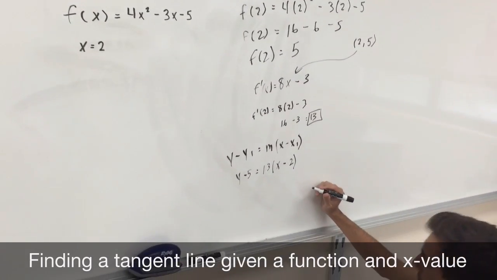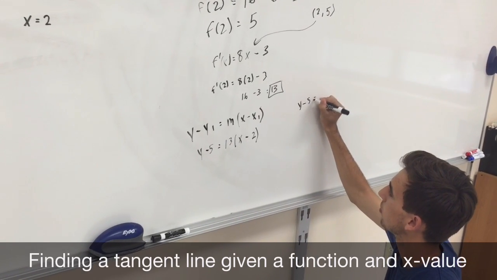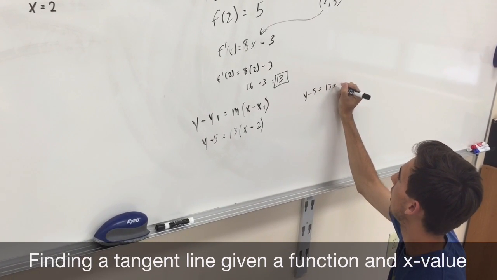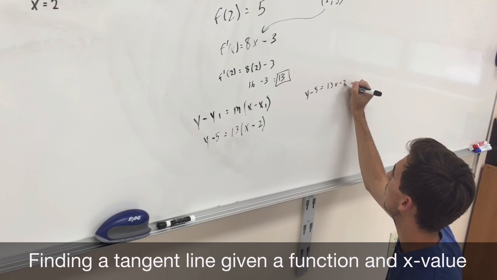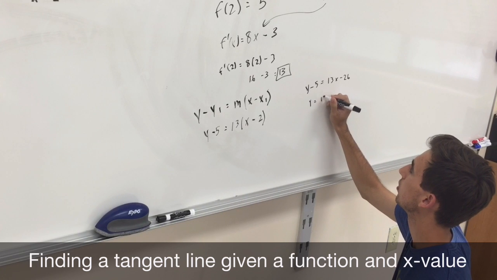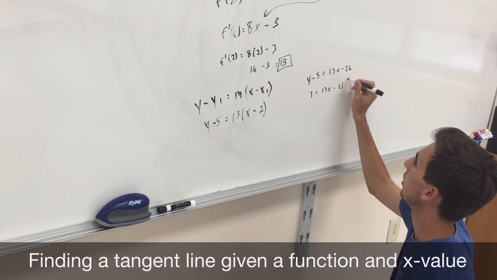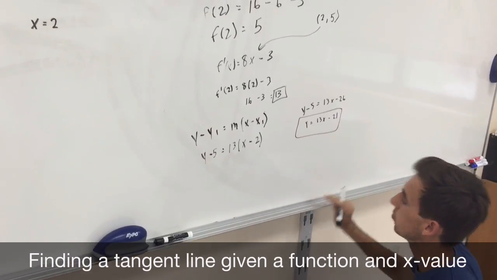If we multiply that out, we get y minus 5 equals 13x minus 26. So y equals 13x minus 21, and this is your final answer.